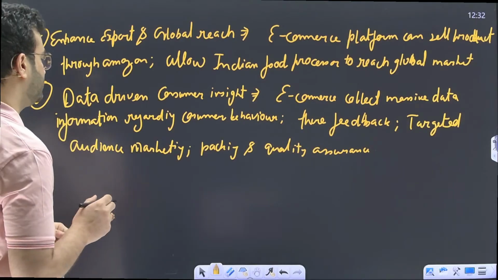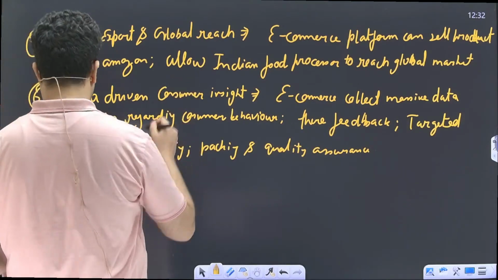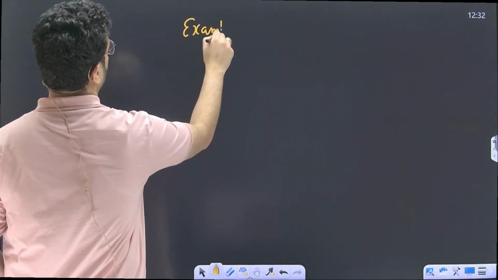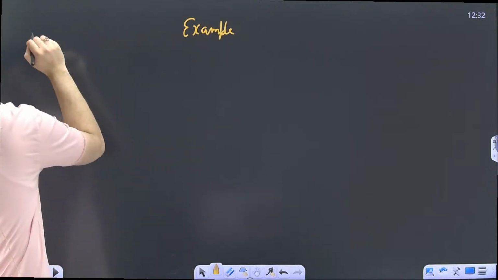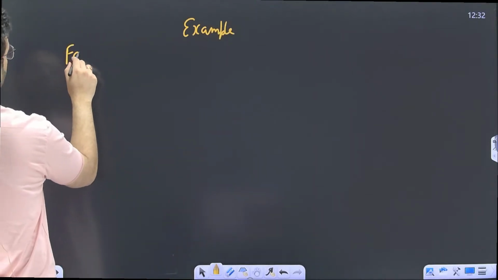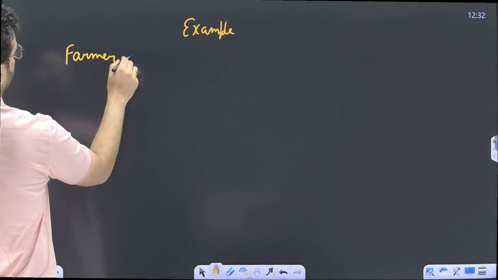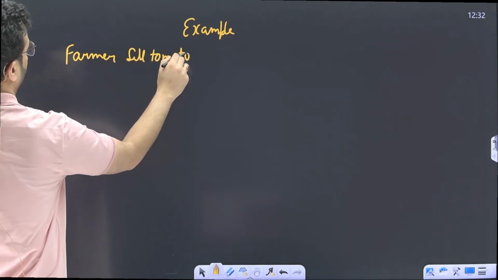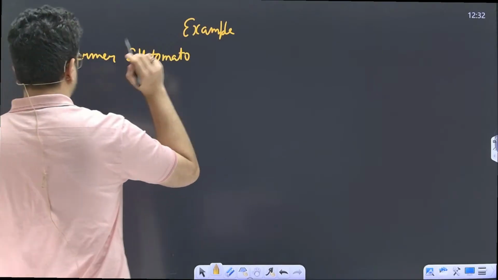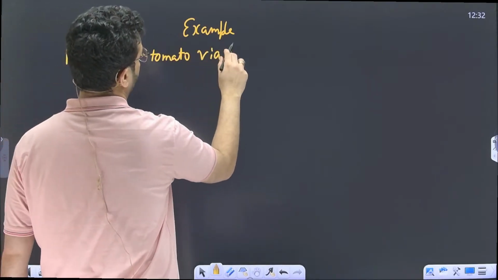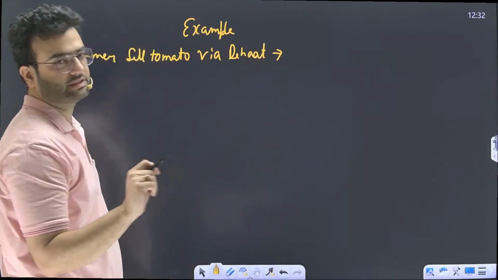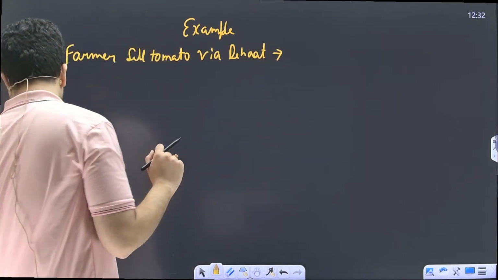So let's take a simple example to understand this, and we will finish it off with this example. A farmer sells tomato via D-Hart.